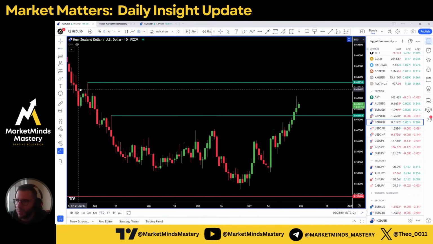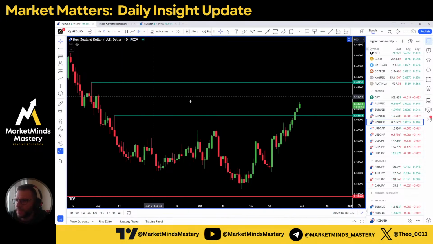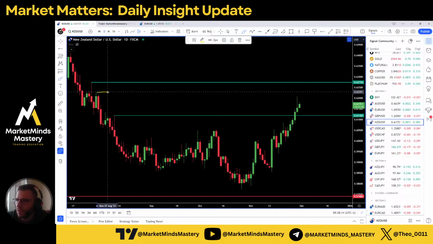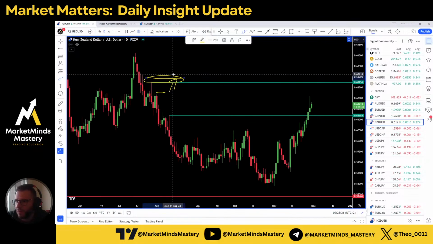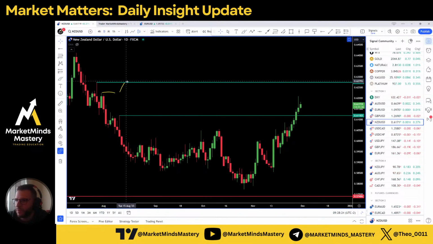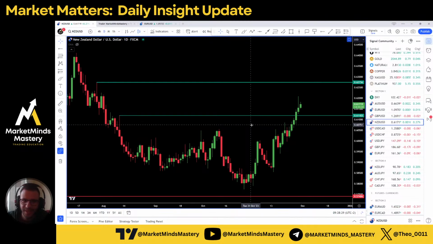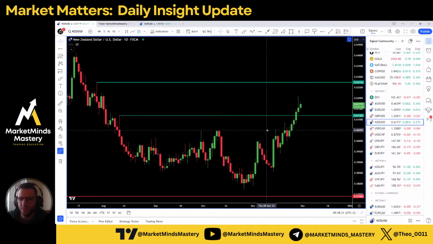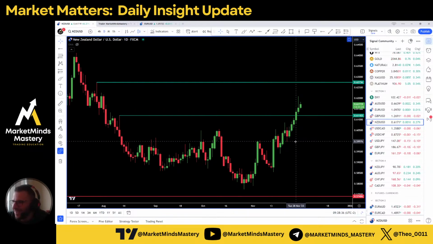Strong resistance is somewhere there. If the price manages to come to this resistance here, I firmly believe that it has more room to retest the strongest resistance, which is up here, without having any kind of magic ball that tells the future. I don't have that one. I just see what's going on in the charts.